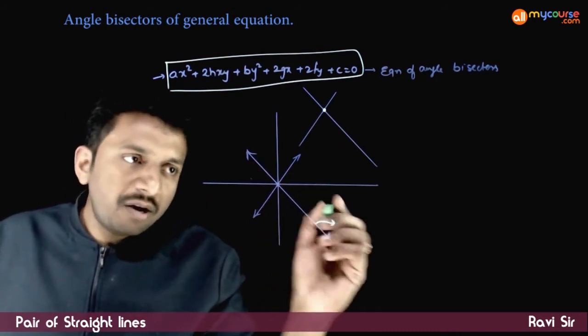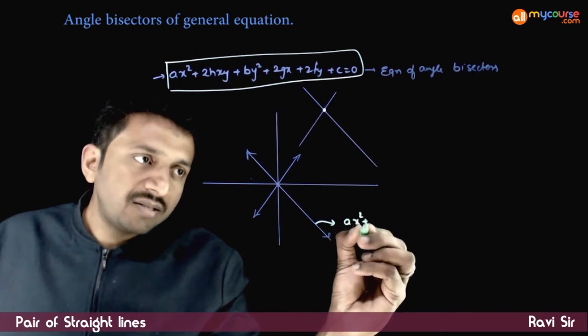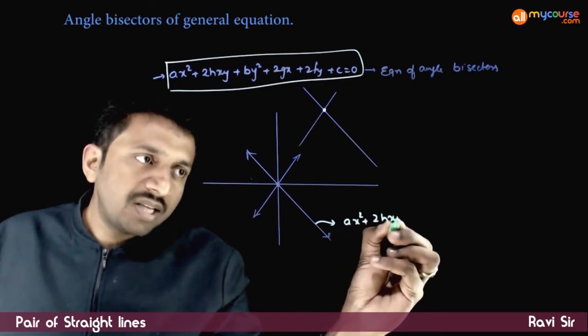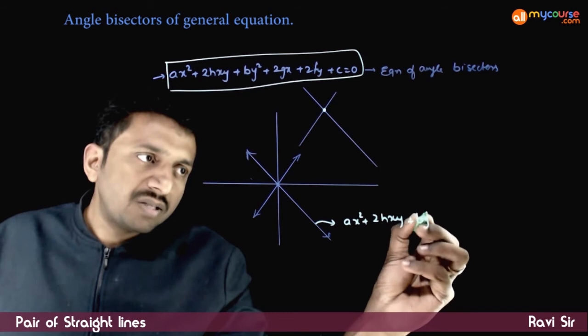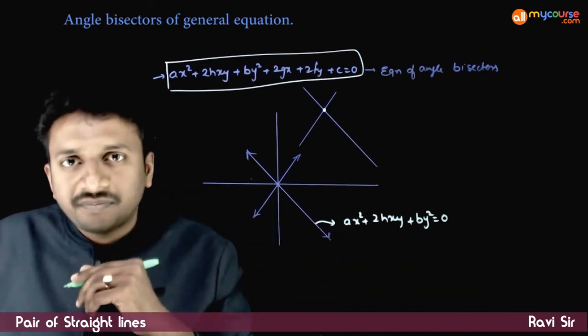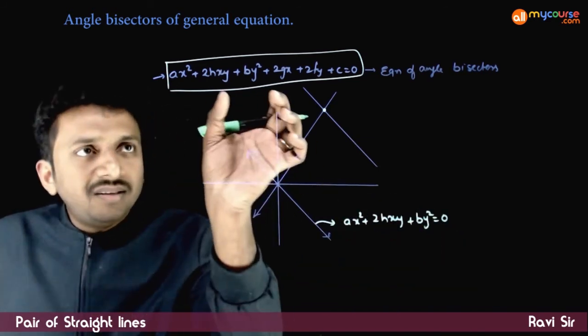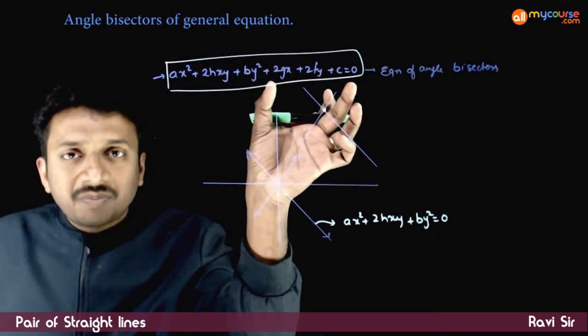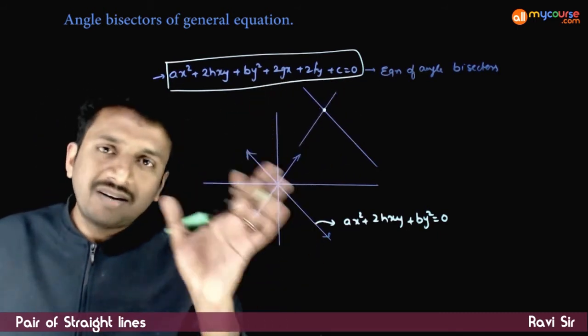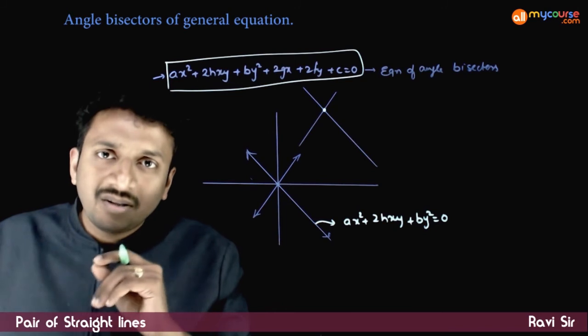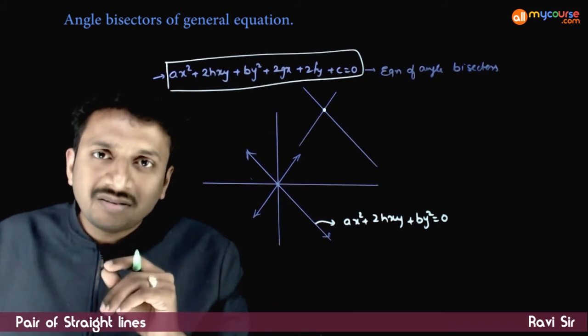So this pair of lines will have the equation ax square plus 2hxy plus by square is equal to 0. Only the non-homogeneous part disappears, the homogeneous part remains the same, because the homogeneous part determines the slope of the lines.